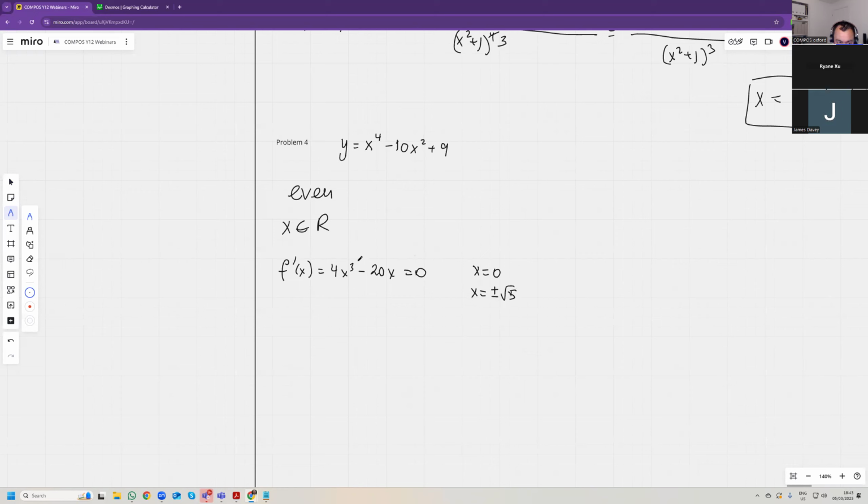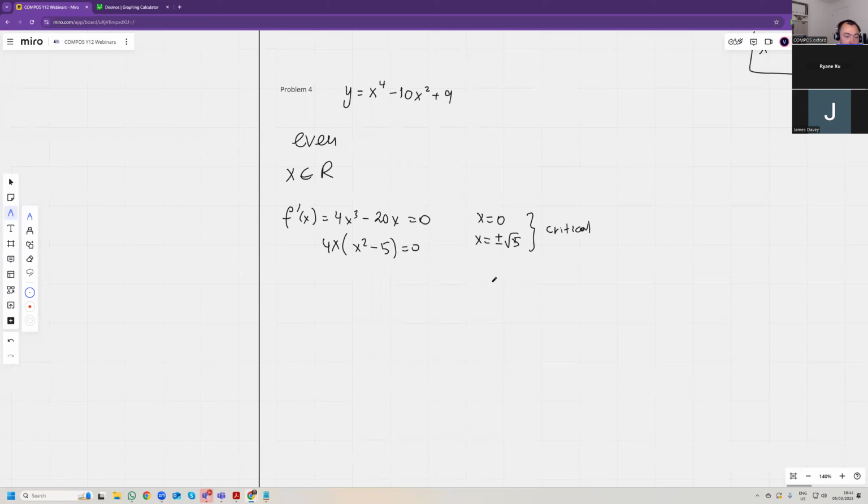I'm just solving this equation: 4x times (x squared minus 5) equals 0. So x equals 0. So these are the critical points, or stationary points. Okay, so it's a continuous function.